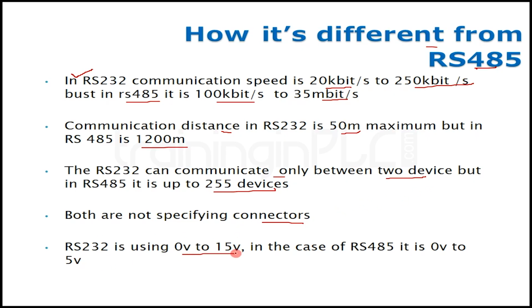RS-232 uses 0 to 15 volts, but RS-485 uses 0 to 5 volts. Suppose you want to communicate only between two devices, then we'll go with RS-232 if it is within 50 meters. And if you want to communicate with more than two devices, then we'll go with RS-485.